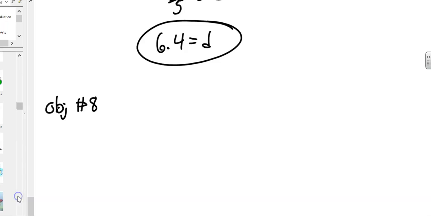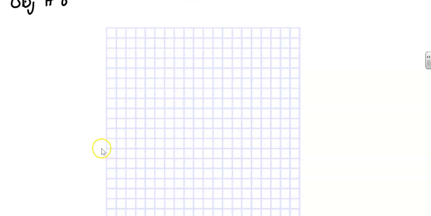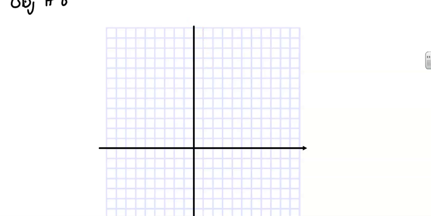So one like this, I could freehand it, but it's better if I can get the graph on here. Okay, so again, they'll give you an XY axis, and then they're going to go back in and draw out a graph that maybe looks something kind of like this.